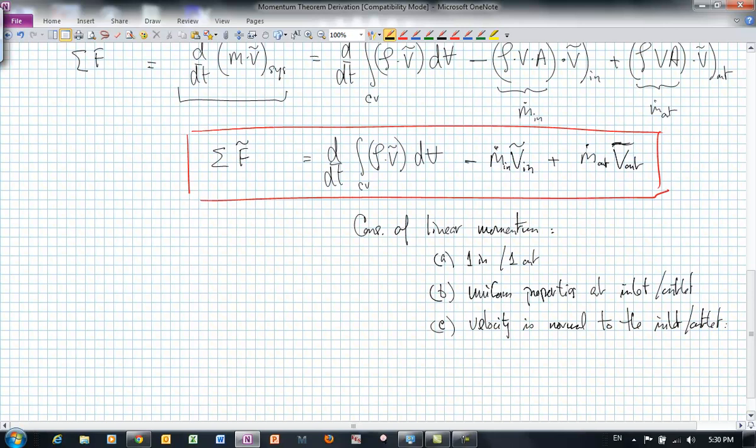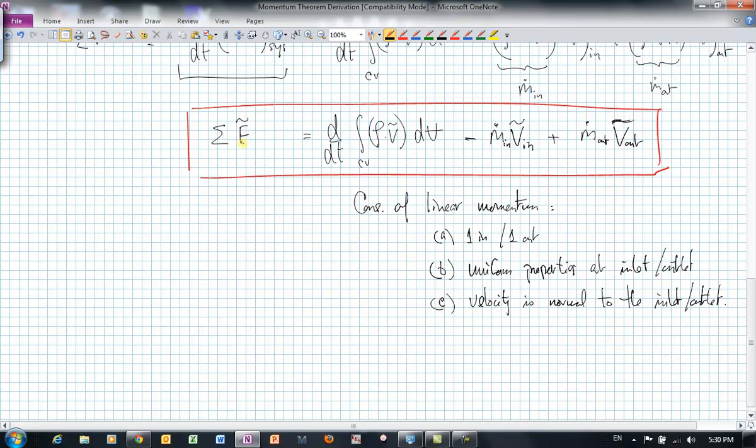All right. I just want to highlight a fact here that may not be completely obvious. The fact that we're dealing with a vector equation here, that there's 3 components to this equation. One, we're talking about the sum of the force in the x direction, the velocity in the x direction. 2, the sum of the forces in the y direction, same thing, velocity in the y direction. And then finally, the third one, the sum of the force in the z direction, velocity in z.